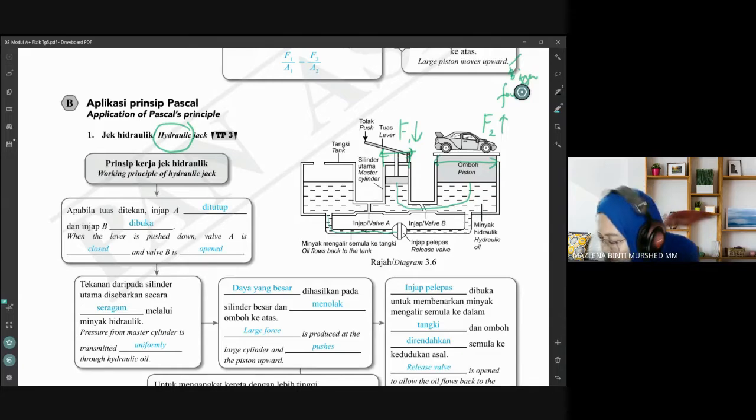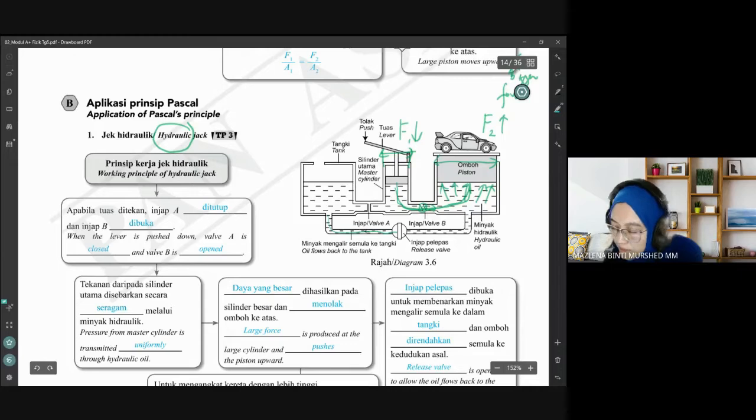Dekat sini kita tak nampak, sini ada valve lagi satu kan. So bila tekan lever ni, minyak akan bergerak dan valve ni akan terbuka dan fluid akan masuk. Bila fluid masuk kat sini, meaning that it carries pressure, pressure to distribute equally inside this fluid.